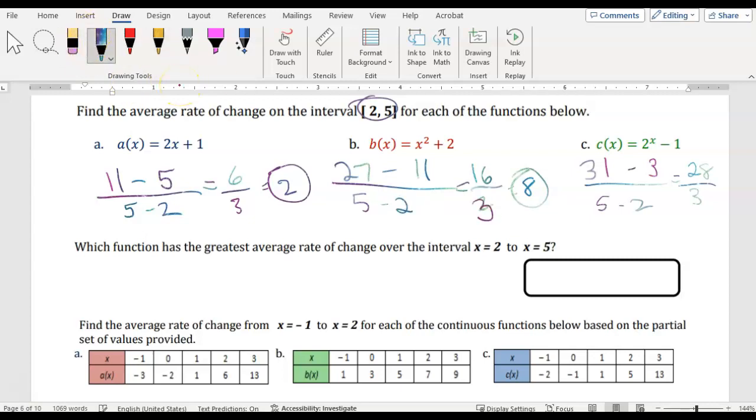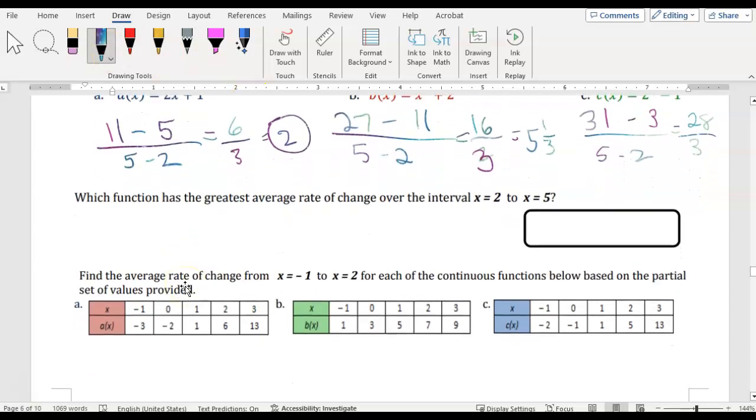So this is over 3, therefore not a nice perfect even number there. But you'll get 5 and a third, or 5.333.